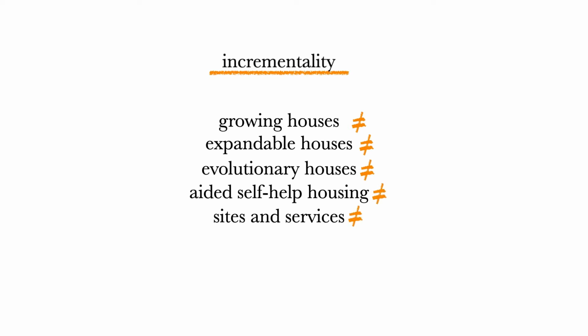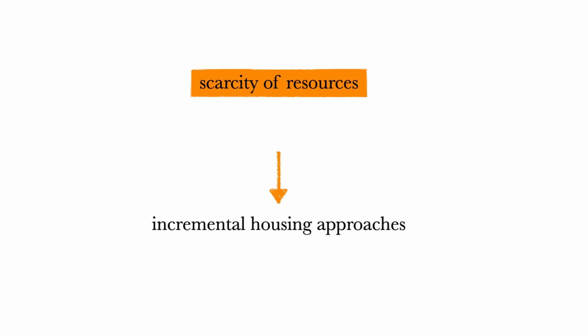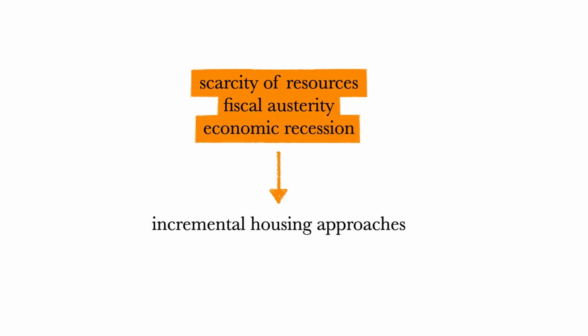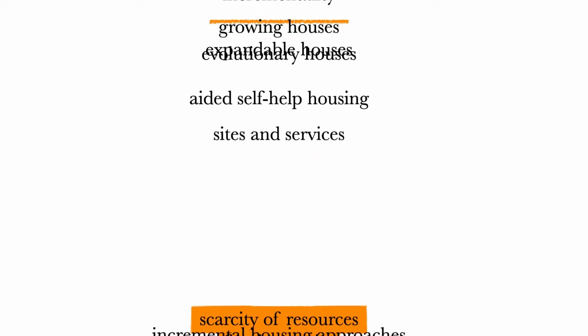They mean different things in different historical moments. They all have in common, however, the fact that they gained popularity in times of economic hardship. In other words, incremental housing approaches usually coincide with times of scarcity of resources, fiscal austerity, or economic recession. Sometimes all of these combined.